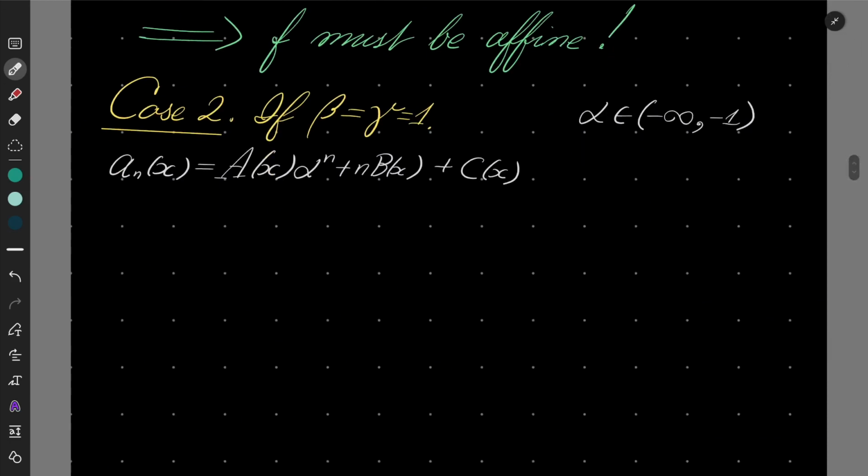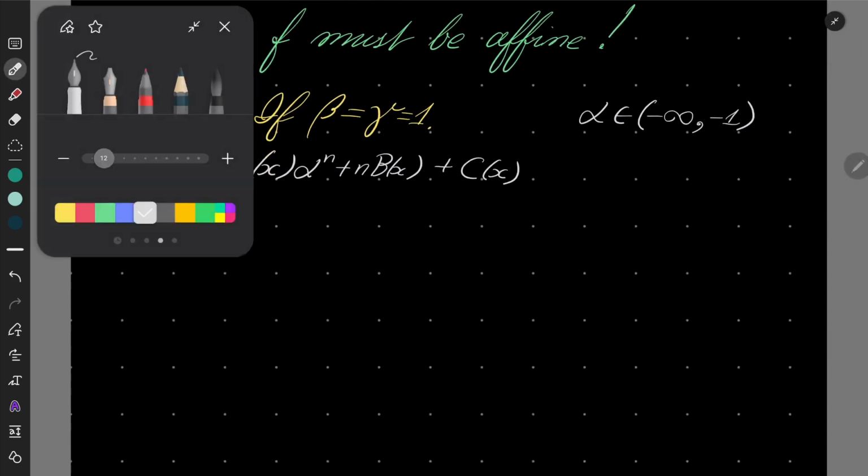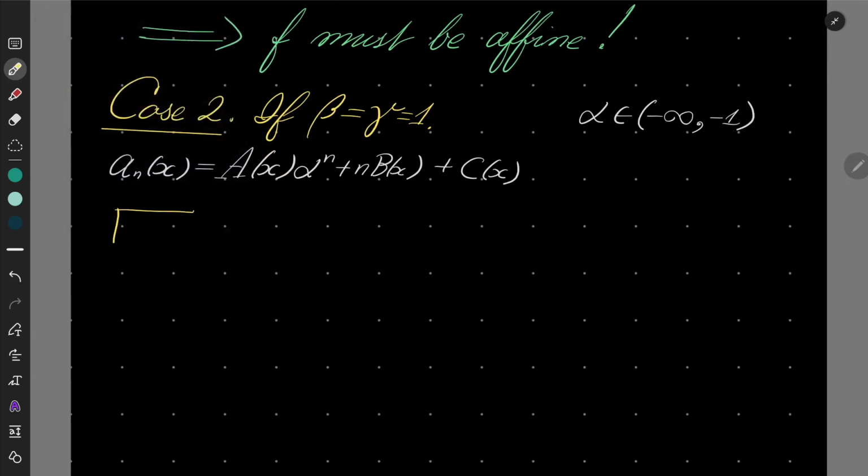And now also we need equations for a, b, and c. First equation, again, will be obtained when we set n to be 0. When n equals 0, I have the following: a of x plus 0 plus c of x equals x, because it's our 0th term.